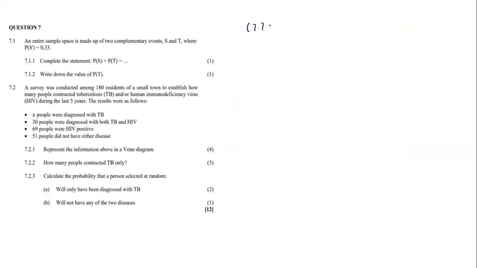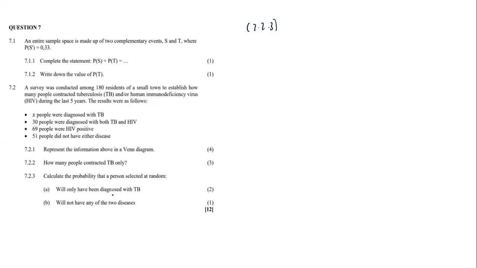Now 7.2.3 says, calculate the probability that a person selected at random will only have been diagnosed with TB.